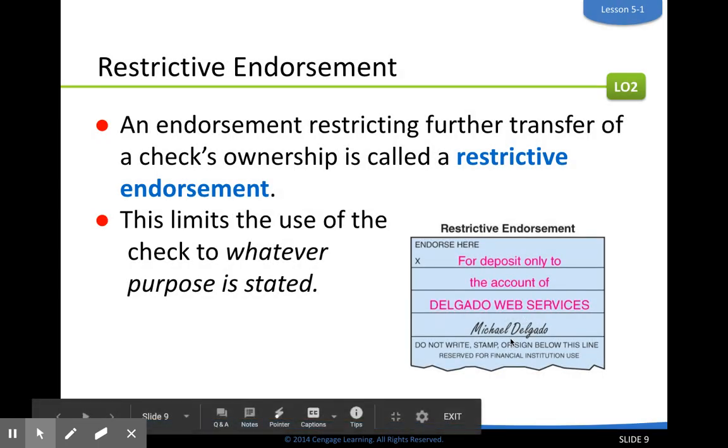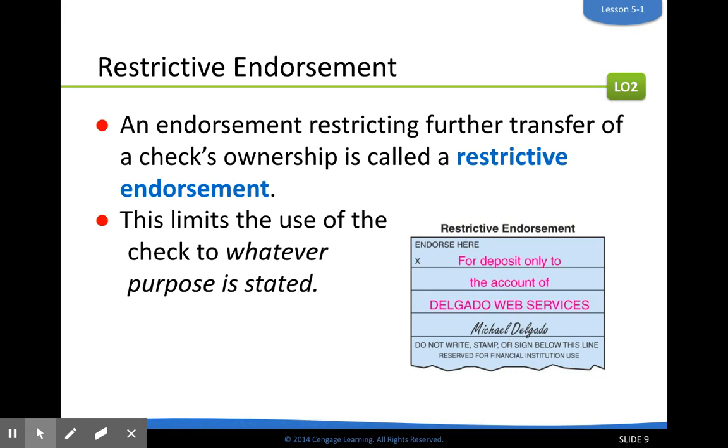A restrictive endorsement restricts what can happen with that check. So oftentimes a restrictive endorsement is a stamp. On this slide, the pink is a stamp. As soon as checks come in to Delgado Web Services, either the secretary or the accountant or whoever receives the checks, first thing they do is put the stamp on the back.